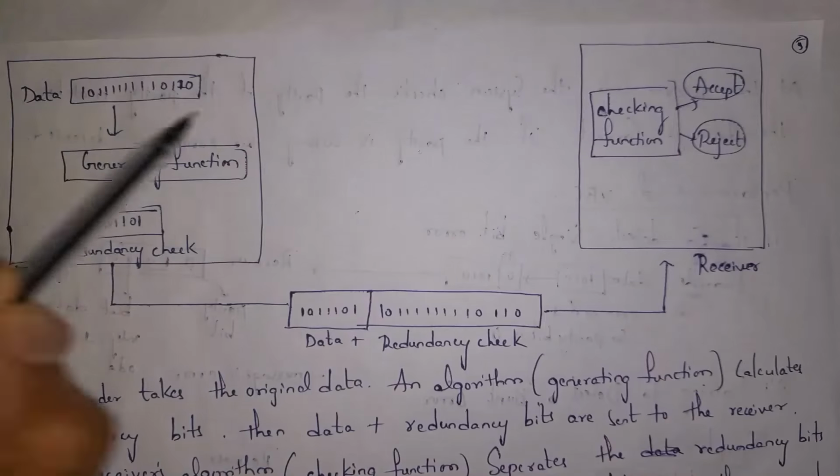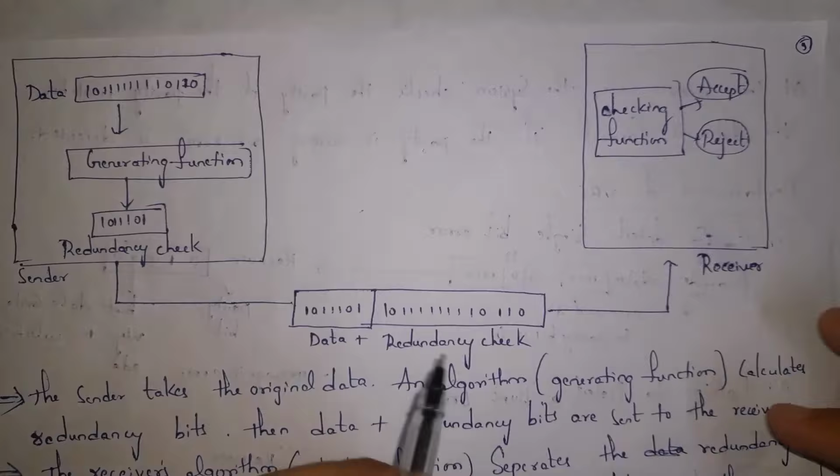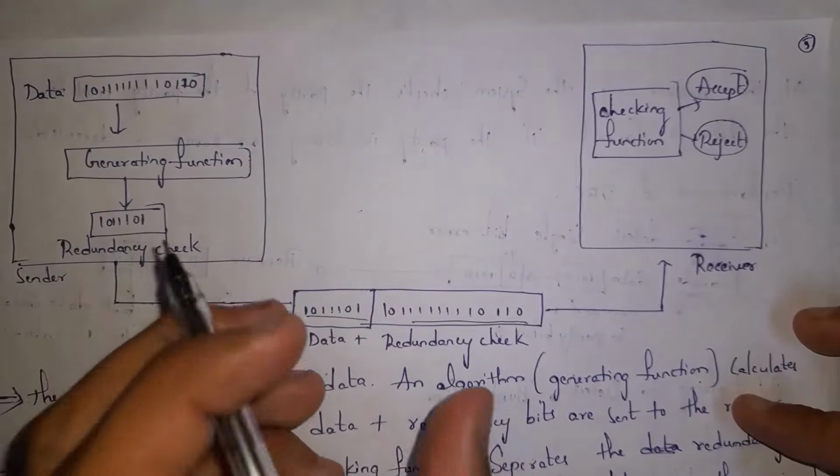For example, sender want to transfer this data. Sender computer contains generating function. Generating function is nothing but it is an algorithm. So whenever data is given to generating function algorithm, then automatically generating function will create extra bits based on our data. So actual data and as well as extra bits, both are combined and then sent to receiver.